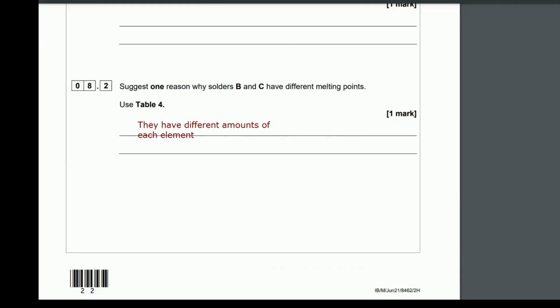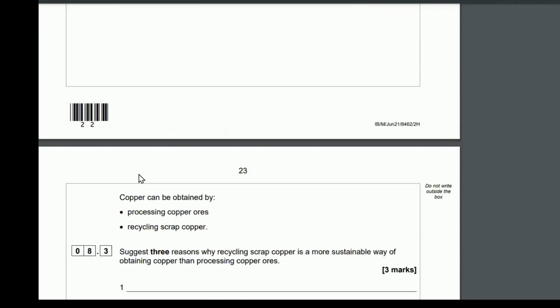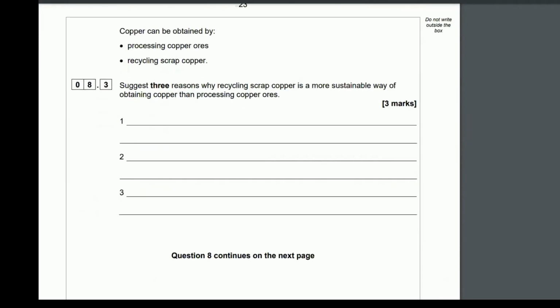They don't have the same amounts, although they're made from the same elements. Or the layers are arranged differently. So I could say that as well. So different melting points: different amounts of each element, or the layers or the structure is different. Okay, right.